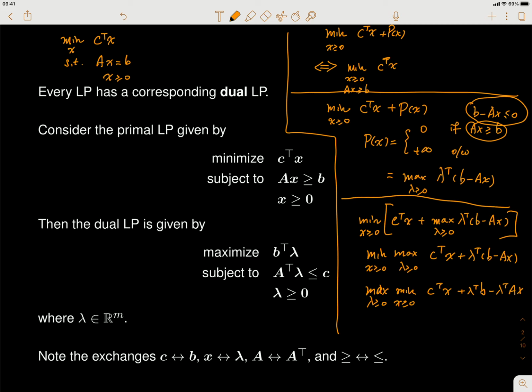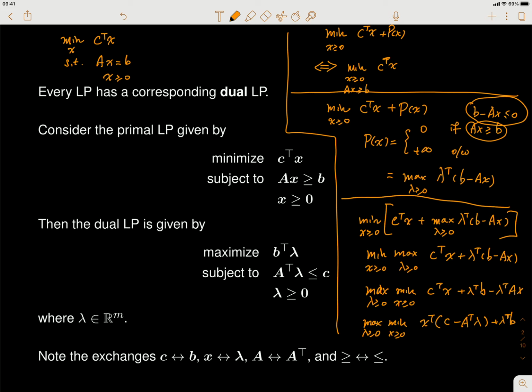Okay, and here I will have the maximize over lambda greater than or equal to 0, min over x greater than or equal to 0. Here I will collect everything about this in front of x. So I put x first, that's x transpose, and then (c minus A transpose lambda). Okay, and then plus lambda transpose b.